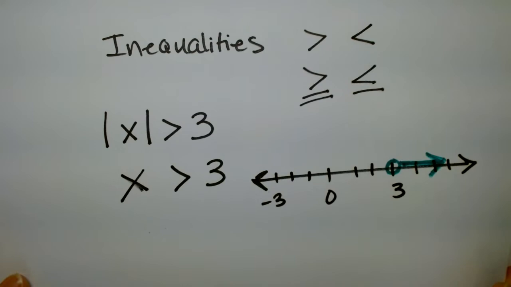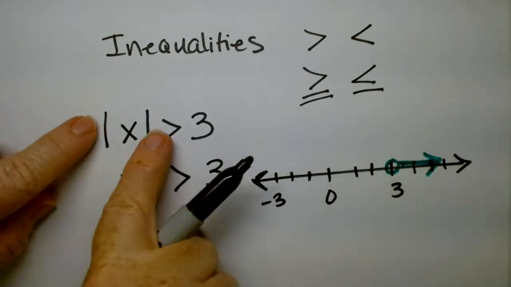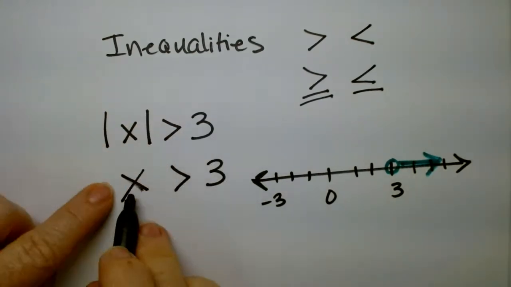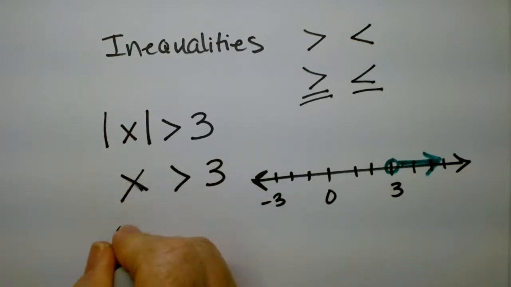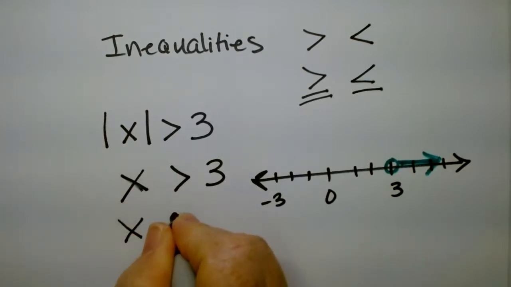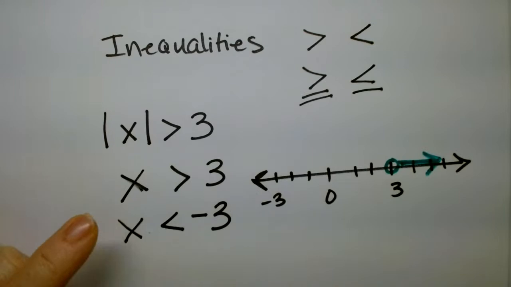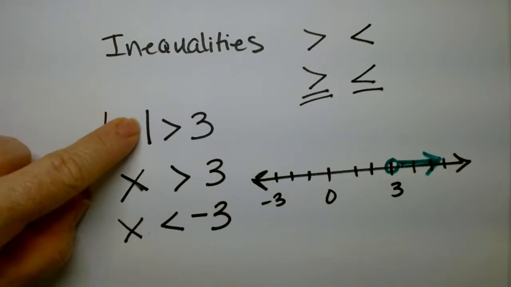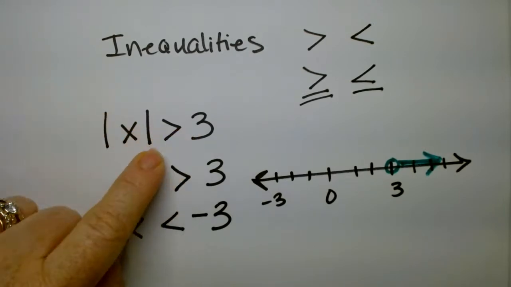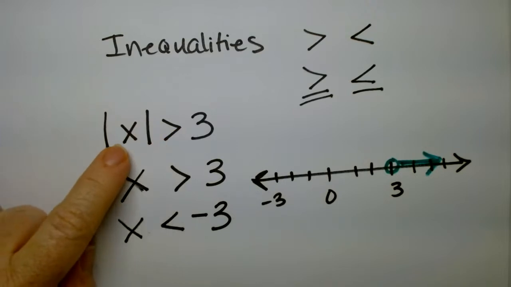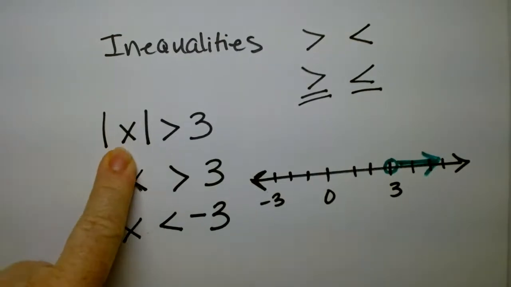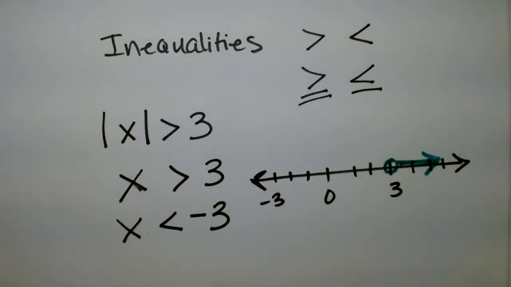But there's something else. Because it has an absolute value bar, what we do is we write it without the bars, and then we write x is, and then we flip this, and we put a negative sign here. Because watch this. If I put 4 here, 4 is greater than 3, that's true. If I put a negative 4 here, we take the absolute value of negative 4, and we covered absolute values back in pre-algebra.